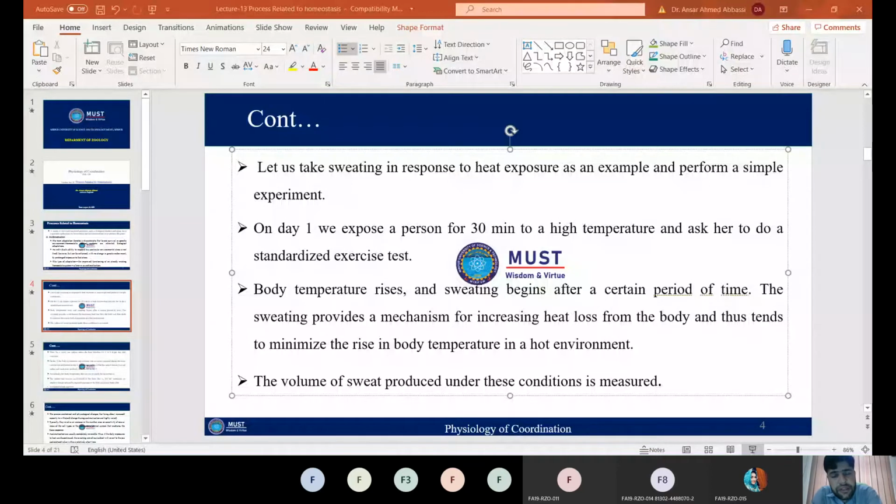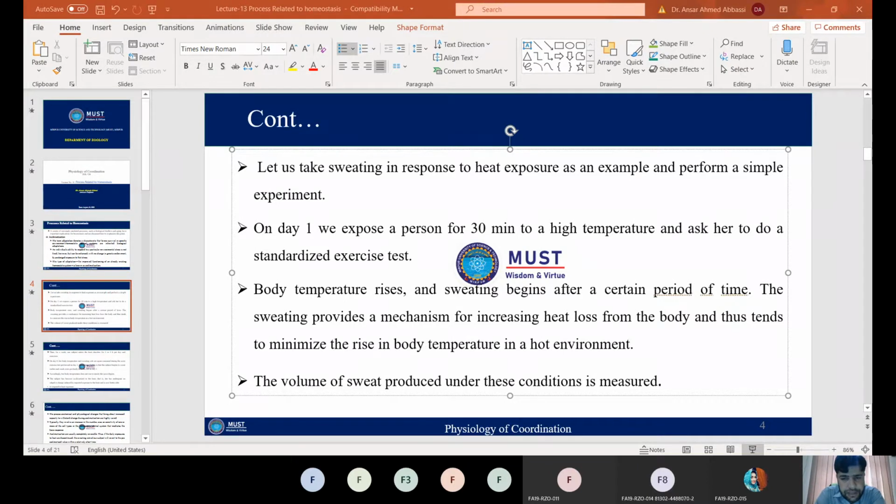It was an already existing homeostatic mechanism, but due to acclimatization to the environmental stimuli, this mechanism has improved its functioning. Now our sweat glands will start sweating very early, soon after exposure to the heat and after the start of the exercise, and the volume of sweat produced is larger as compared to the sweat produced on day 1.